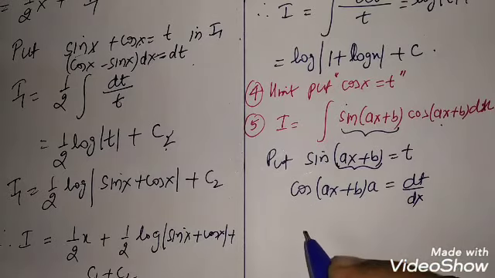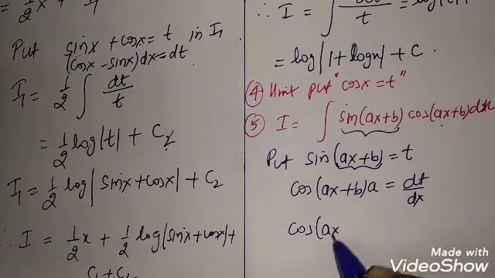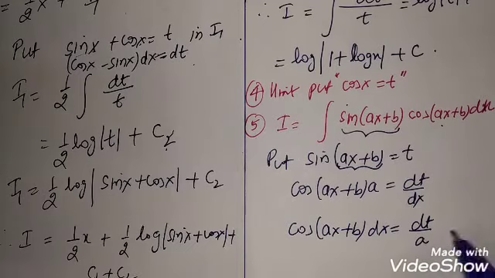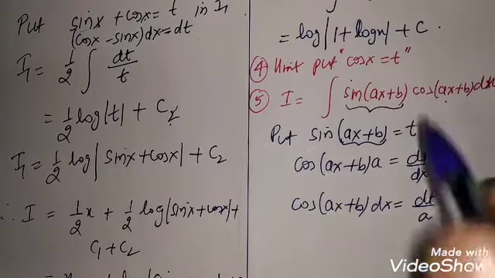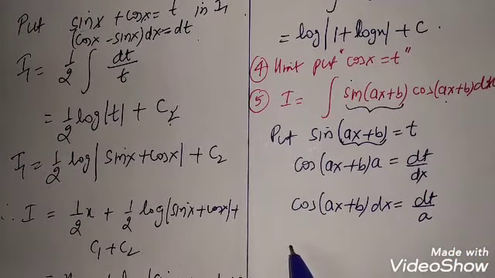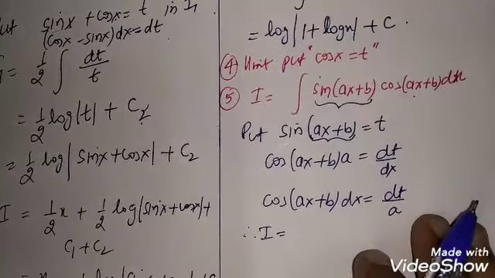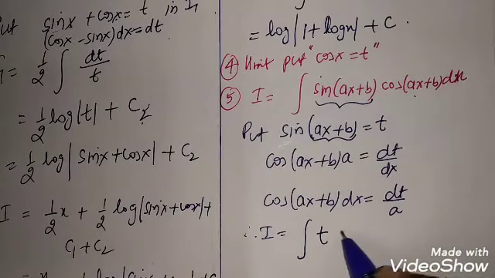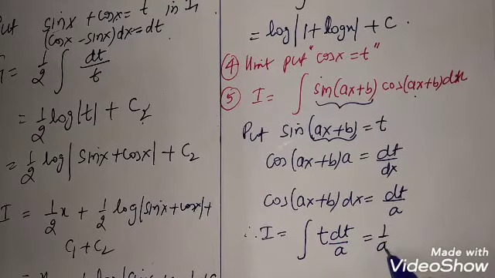Simply we can say cos(ax plus b) times dx equals dt upon a. Put all the values over here. So the integrand is the integration of t times dt upon a, with 1 by a outside.